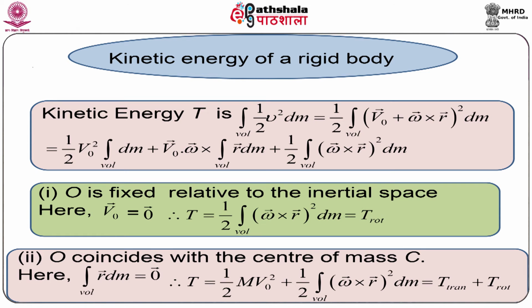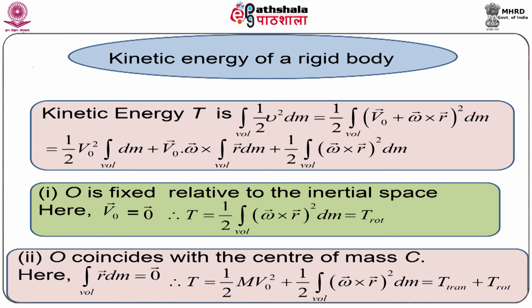Next case, if capital O coincides with the center of mass C, then r vector vanishes and we get integration over volume r vector dm equal to 0 vector. Using this result, we get this one vanishes.